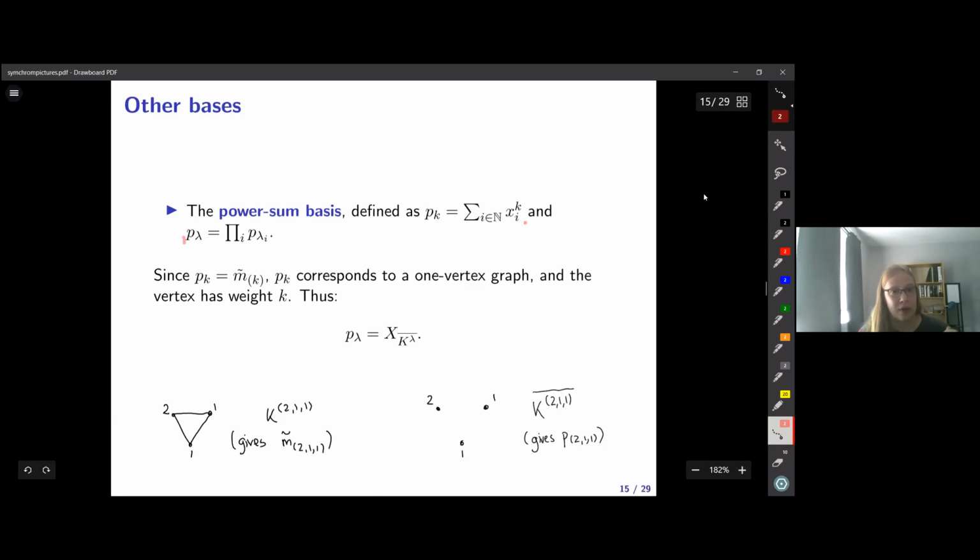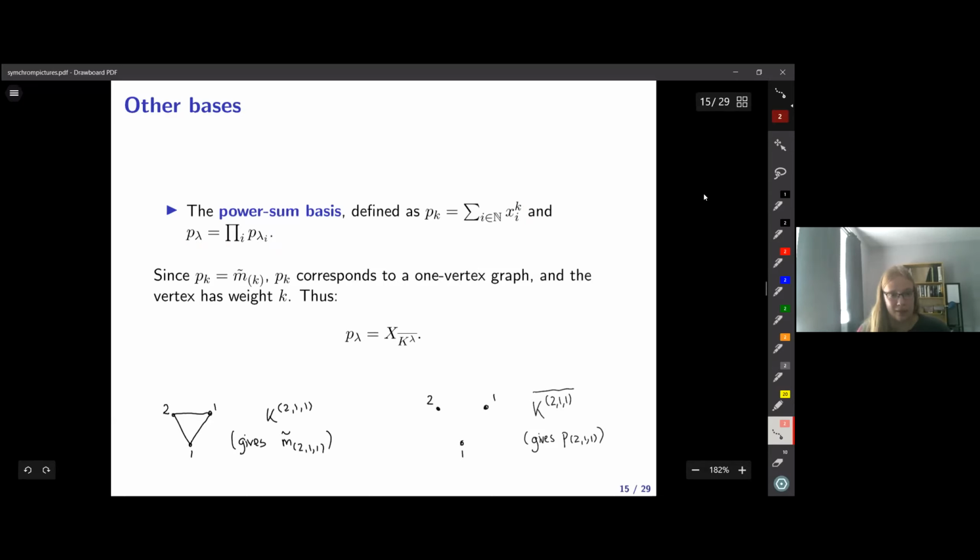And now for general lambda, I define p sub lambda as just the product of p_lambda_i for each of the parts of lambda. And as we saw in the previous slide, if I take the product of those things, then in graph terms, what I'm doing is disjoint union. So much like we saw that the M basis corresponds to complete graphs, this P basis corresponds to graphs with no edges.